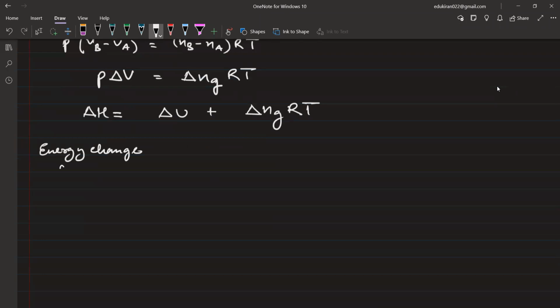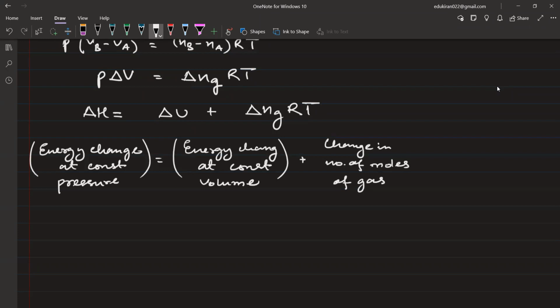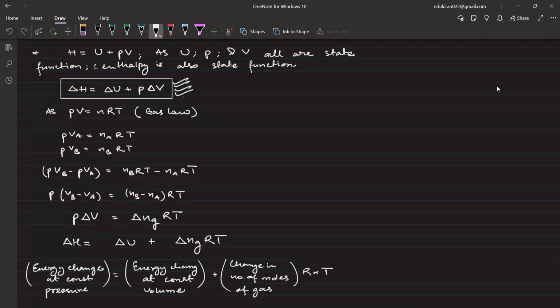Energy change at constant pressure, this is delta H, is equal to energy change at constant volume plus delta ng, which is the change in number of moles of gas, multiplied by the universal gas constant R into T. Okay, delta H is a term of energy, delta U is also a term of energy, but what is the difference between delta H and delta U?